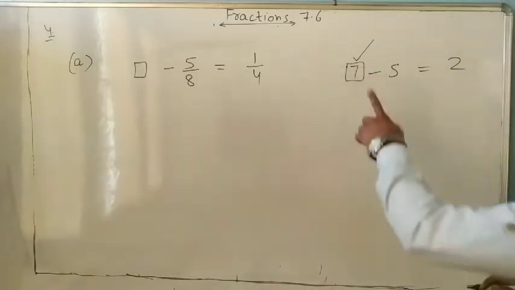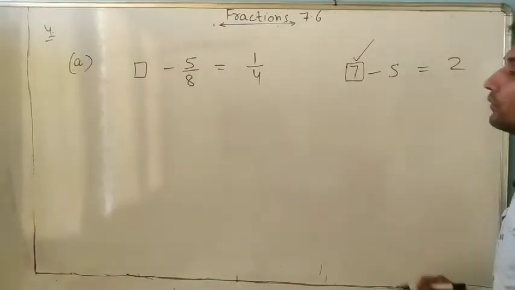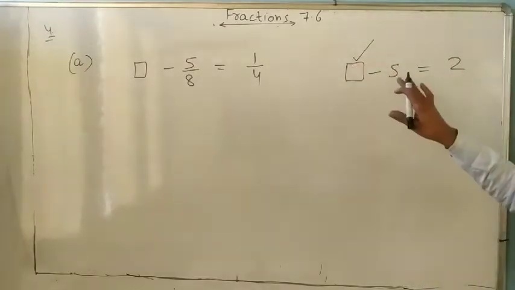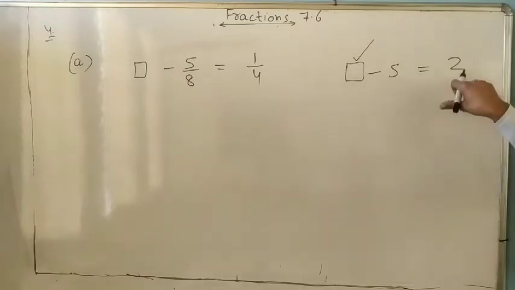It means 7 is 2 greater than 5. Otherwise you can say, from what number will you subtract 5, then it comes 2.